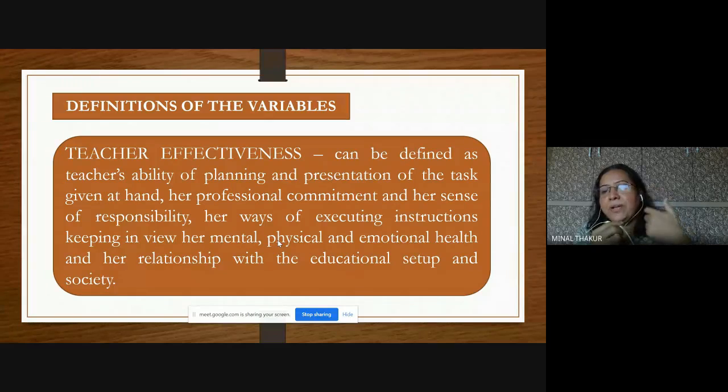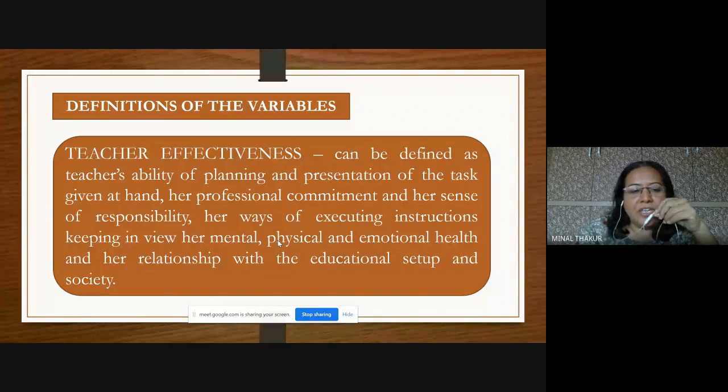The way you present yourself in the classroom, the way you give your lessons, the way you deal with the teachers and the students in your classroom, that is all related to teacher effectiveness. And the last is how you share your relationship in your institution and in the society at large. Okay, next slide.